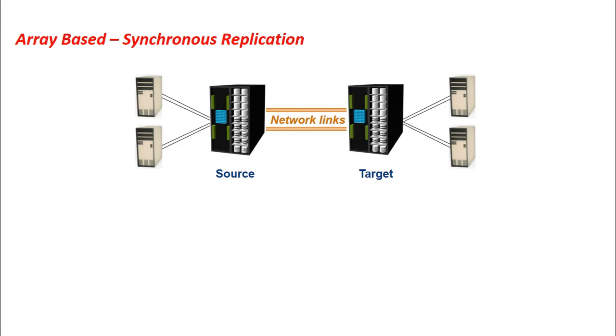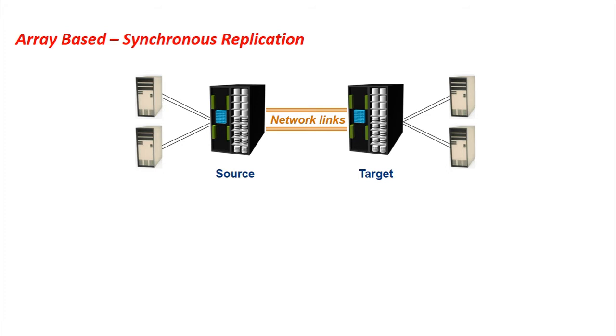In array based synchronous remote replication, writes must be committed to the source and the target prior to acknowledging the write complete to the production host. These are the production hosts. Whenever the production host writes something to the source, it has to be written to the target as well. Only after that will an acknowledgement be given back to the production host.